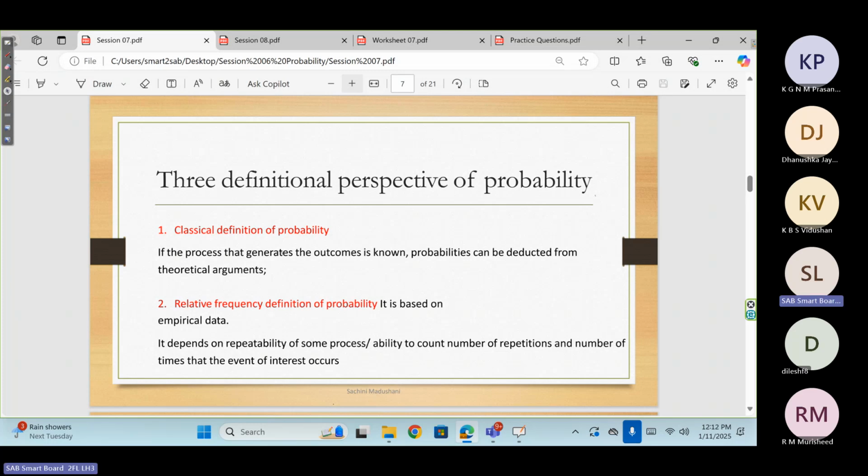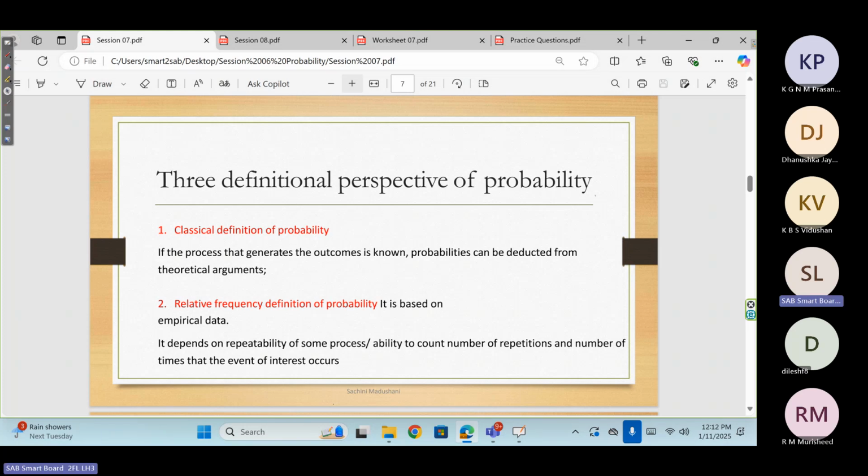Understood? Okay. If the process that generates the outcome is known, probabilities can be deduced from theoretical argument. Based on the theories, we can provide the values to the uncertainty. Then rolling the dice, we get 6 numbers. The probability of getting number 1, we can say 1 over 6.